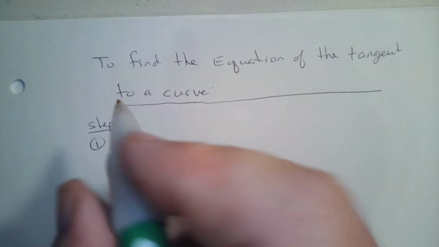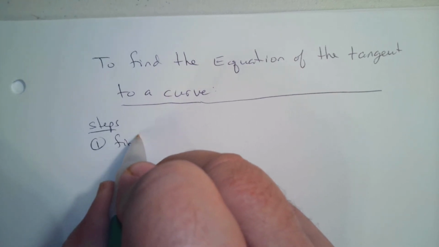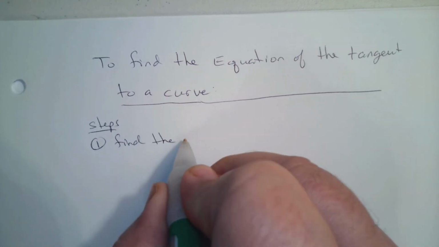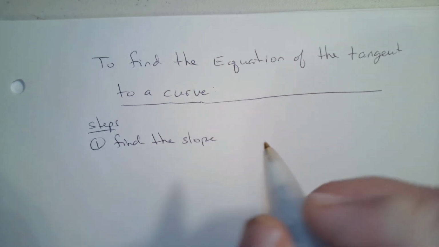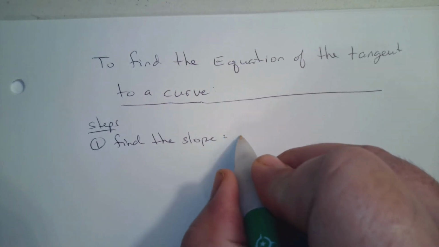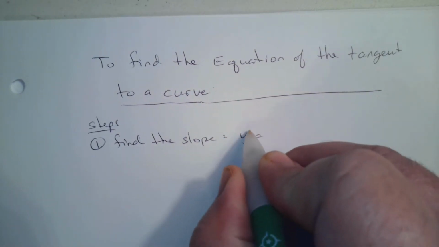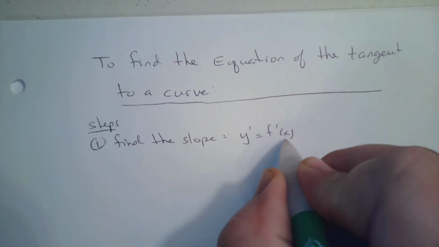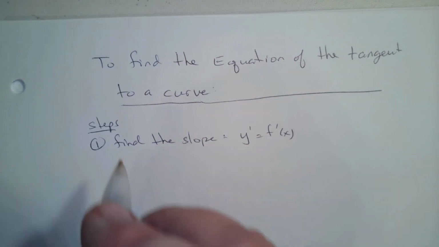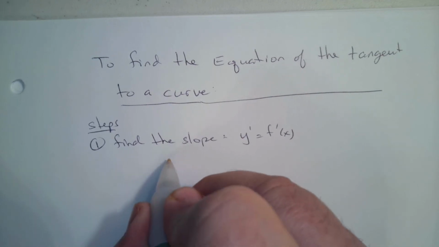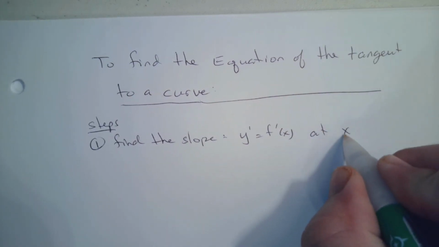Step 1: find the slope. Remember, the slope is the derivative. You have to take the derivative at x.